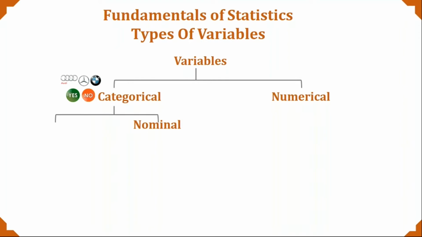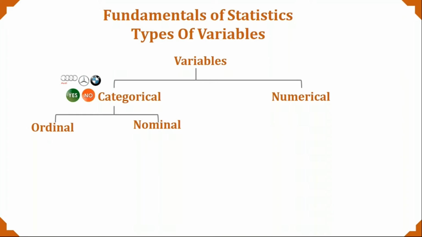So let's get into the nominal part. Nominal and ordinal. Let's get into nominal. So nominal variables are variables that have two or more categories, but they do not have a specific order or an intrinsic order to it. So if I ask you, what is your best season? Which season do you like, right?